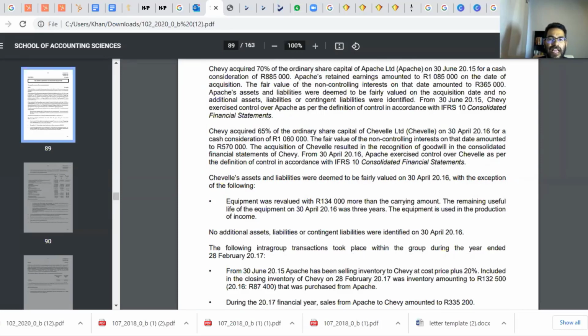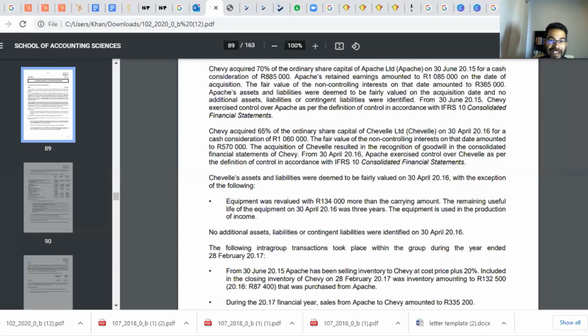Apac's assets and liabilities were deemed to be fairly valued on the acquisition date, and no additional assets, liabilities, or contingent liabilities were identified. From 30th June 2015, Chevy exercised control over APAC as per the definition of control in accordance with IFRS 10 Consolidated Financial Statements.